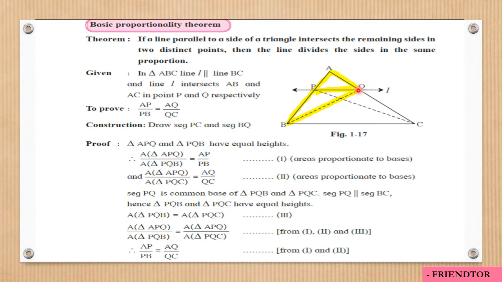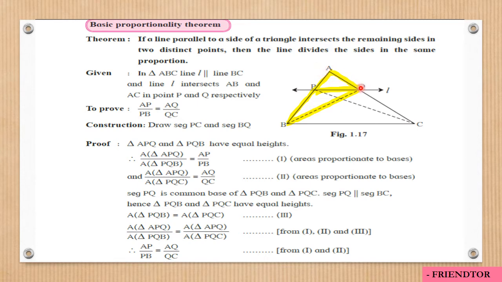That means if you draw a perpendicular from Q towards AP, then that will be the height of both these triangles. That means both these triangles have equal heights. Okay, we saw such an example in solved examples, right? I think in the second video we saw such an example. All those concepts of ratios of areas of triangles we will use here for the proof.